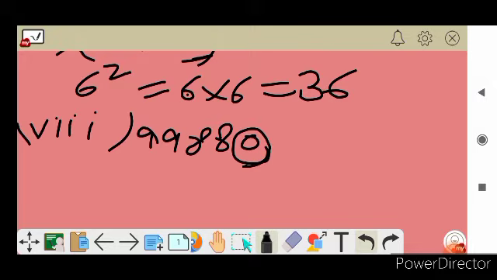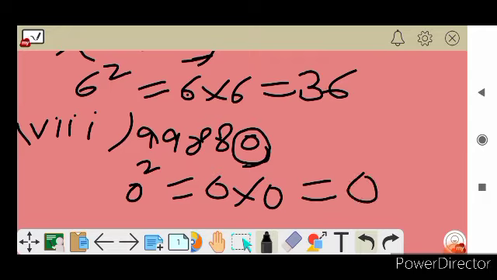Unit digit is here 0. So 0 square means 0 multiplied with 0, we get the answer 0. So the unit digit of the square of the given number is also 0.